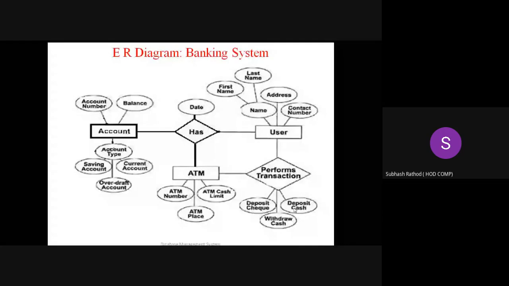In the next lecture we will discuss extended ER features, and if time permits, how to map tables and ER diagrams. Remember this, don't miss the next lecture.